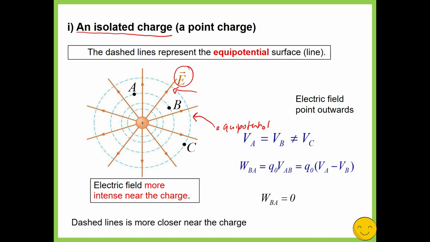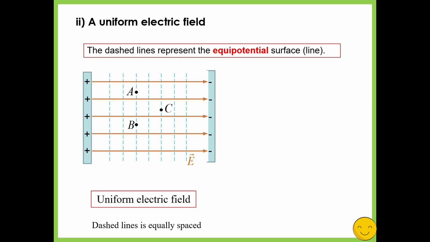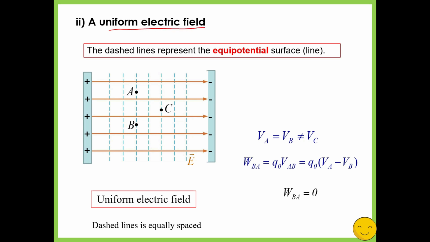You can see that these two lines are perpendicular to each other at any point. For a uniform electric field, this is the lines of electric field, and the dotted blue line here is the equipotential line that is always perpendicular to them at any point in the uniform electric field.